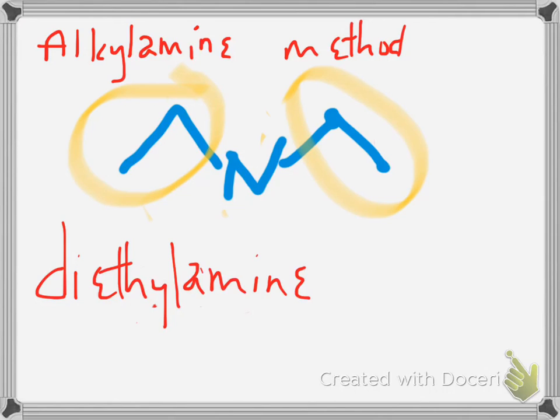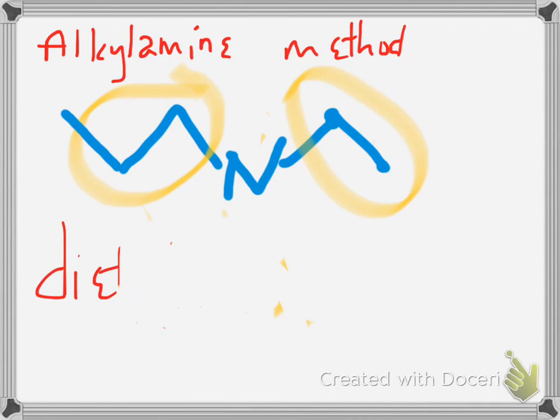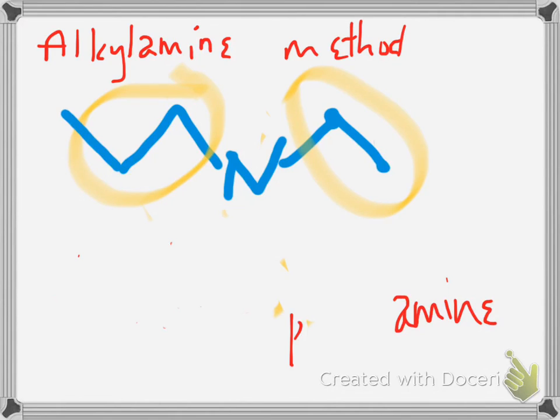What if, though, the 2 groups weren't identical? So let's add a 3rd carbon on one side, and see how this changes. Now, one carbon group is larger than the other carbon group, so that becomes the root word. We still have the ending amine, but the root word now is going to be propyl, since it's 3.